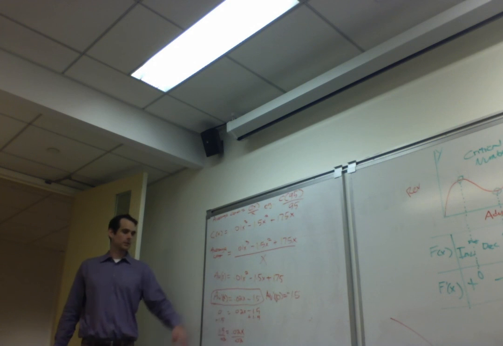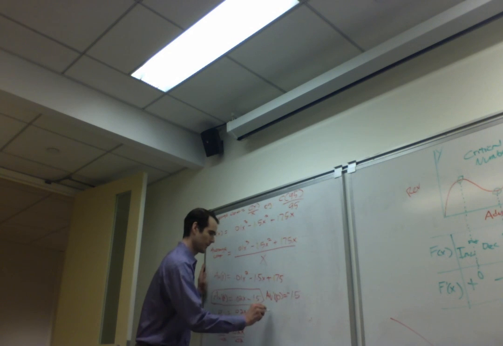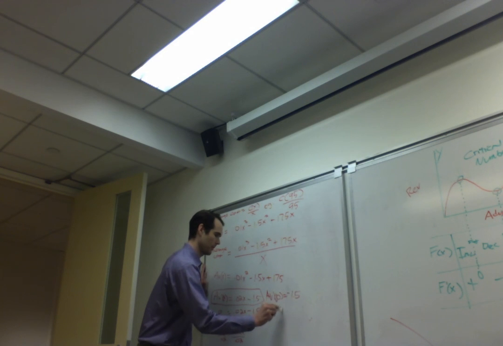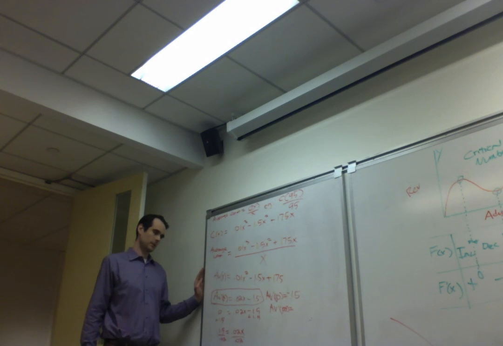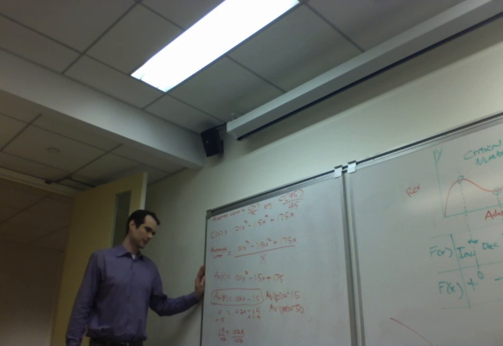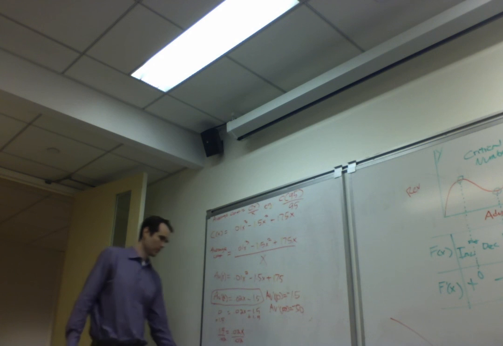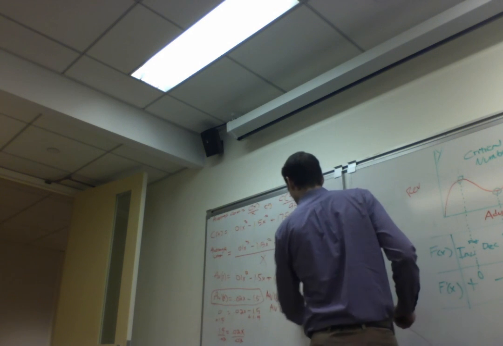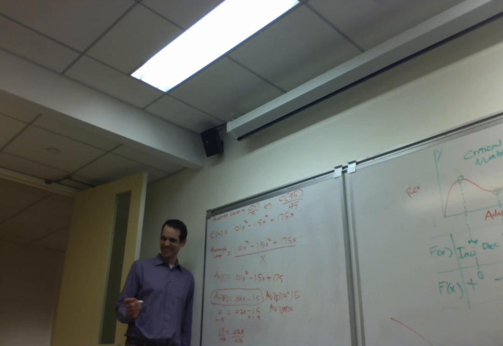All right, let's put in 100 and see what we get. V prime of 100 equals... 0.02 times 100 is 2.